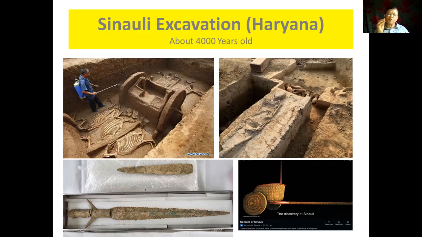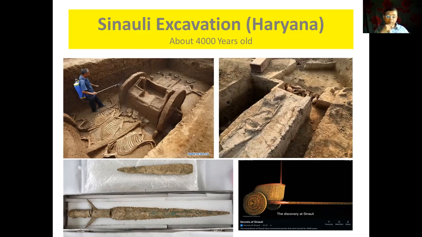But in none of the Indus Valley civilization sites could they find evidence for a horse. So then they concluded that maybe Aryans came from outside, brought their horses, brought their Vedas, and then populated this part of the world.